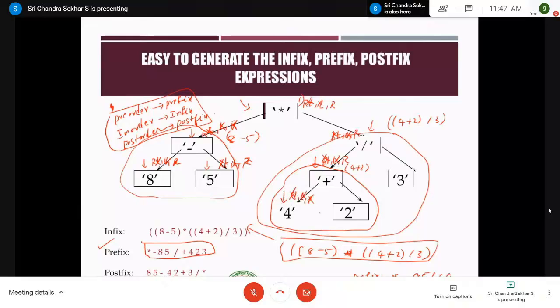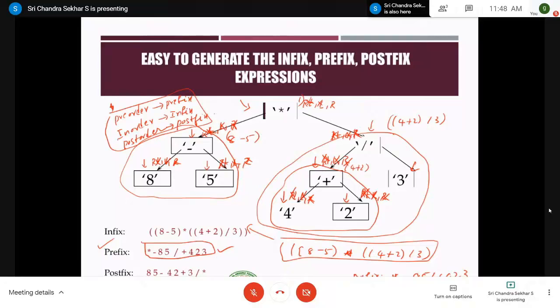No left, no right, leave it, go to its parent. One step is pending, that is right. Therefore you go here, root, left and right. Root is printed, no left child, no right child, leave it, go to its parent. This is also completed, go to its parent. One step is pending, that is right. Therefore you go here and it is 3, right. So the resultant prefix expression is star minus 85 division plus 423, which is equivalent to the result, right.